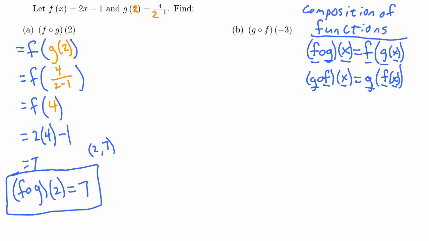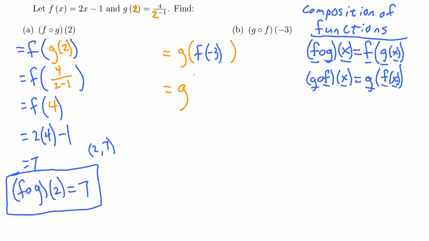Okay, let's look at b here. b is asking for g composed of f of negative 3. So this is really asking me for g of f of negative 3. Then again, I work from the inside out.